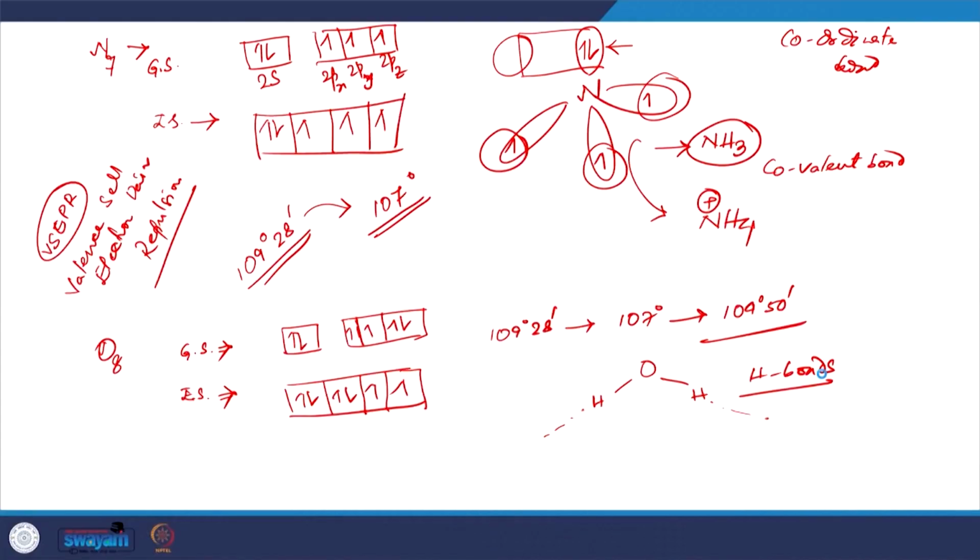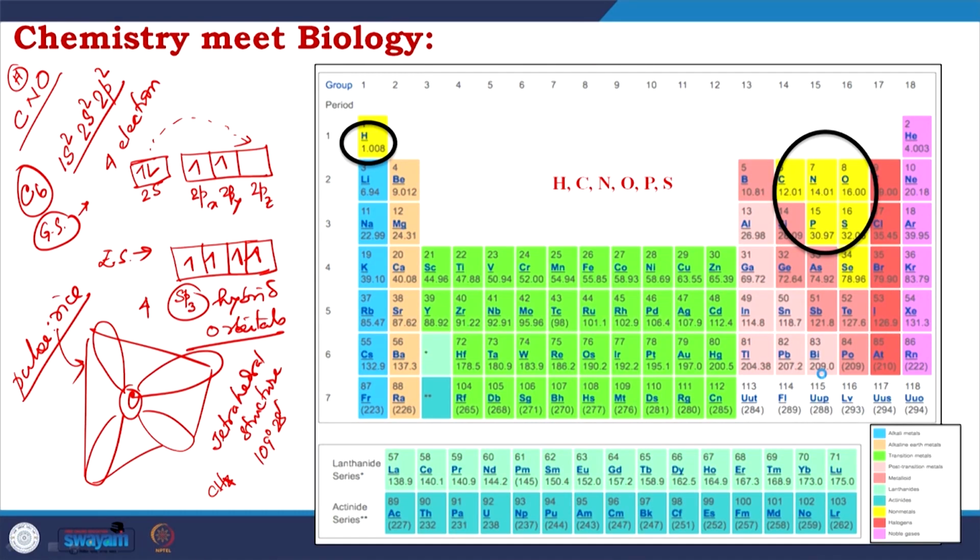If you look in the periodic table going back, you will see that in the upper part of the periodic table, most of the hydrides are gaseous. The only exception is oxygen, because of its ability to be influenced by VSEPR, getting the angle of 104 degree 50 minutes, able to make hydrogen bonds.